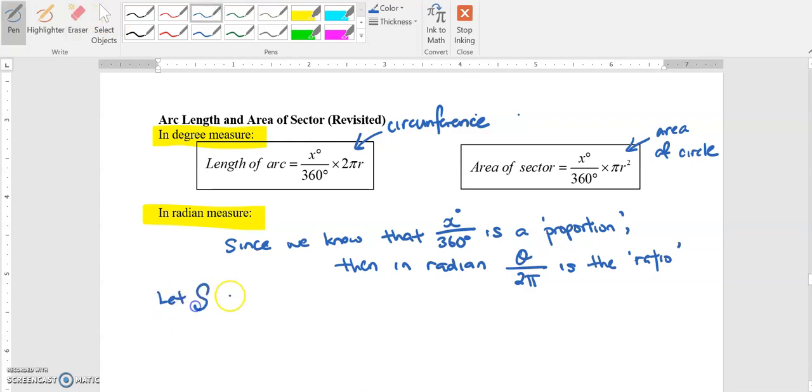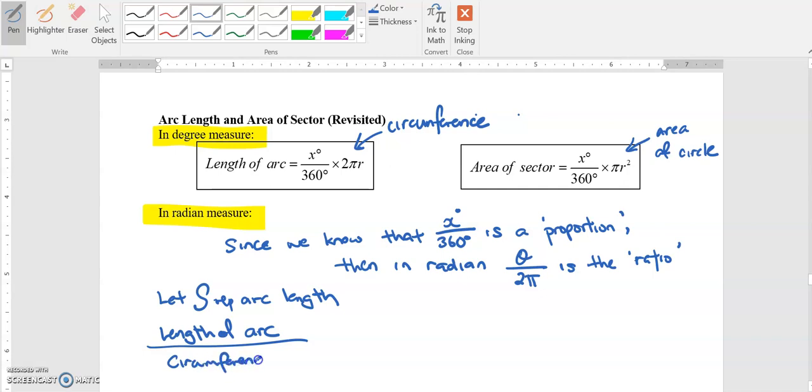If I let S represent the arc length of a circle, I know length of arc out of the circumference is dependent on theta, the unknown angle, the section that I have out of 2 pi.